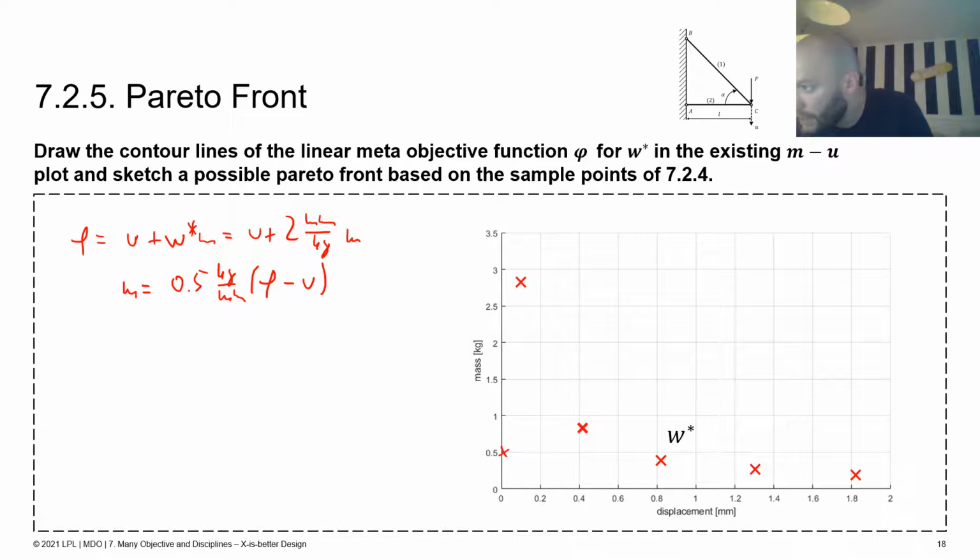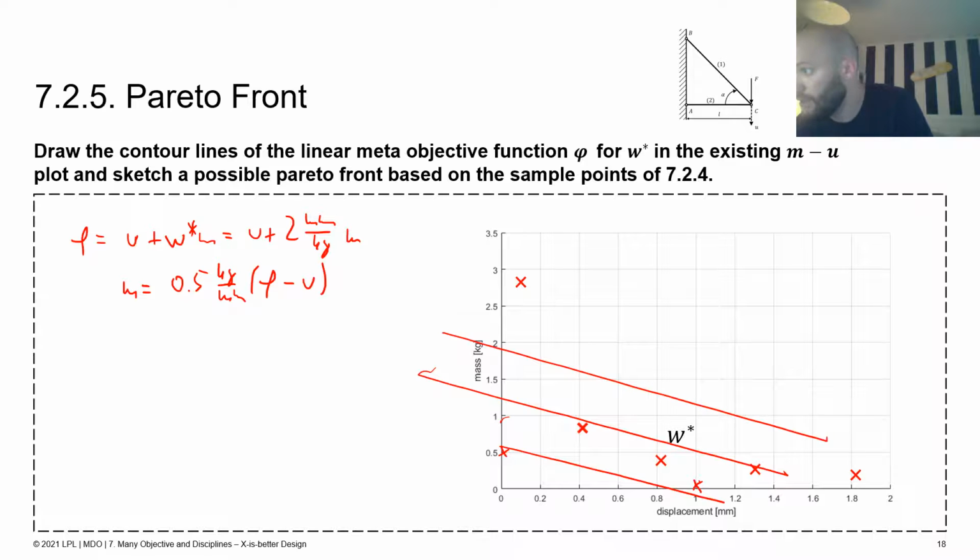It goes down, so it should end up here. And then now, wait, we are here roughly. Okay, it should look almost like that. And as an example, I can draw some more contour lines, and this is how you can draw them.